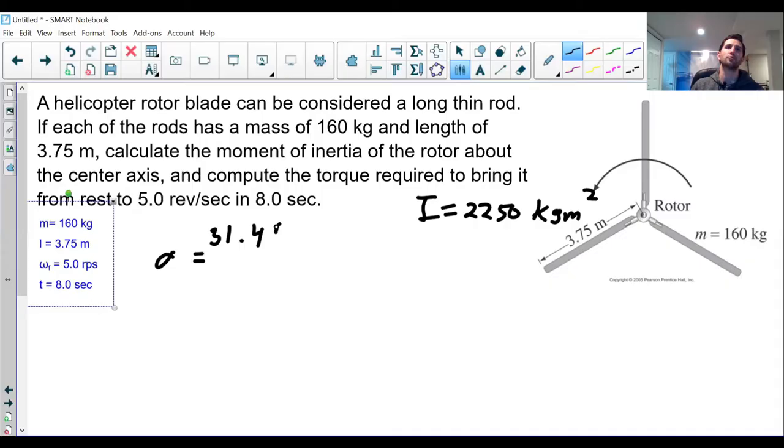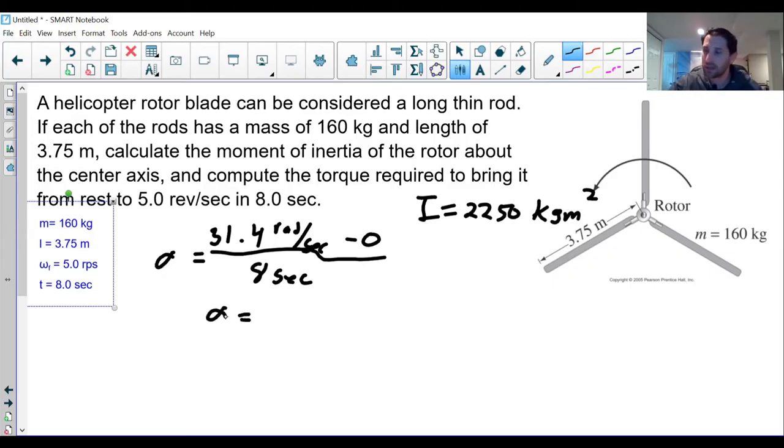So we have 31.4 radians per second minus 0 divided by the time of 8 seconds. And that gives us 3.925. That's our angular acceleration.